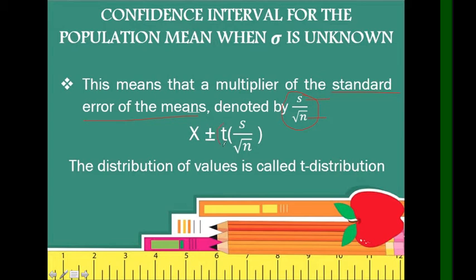And we have t, which is used for the population mean when sigma is unknown. This is a t value. And here we have the x, which should be x bar. The distribution of these values is called the t distribution.